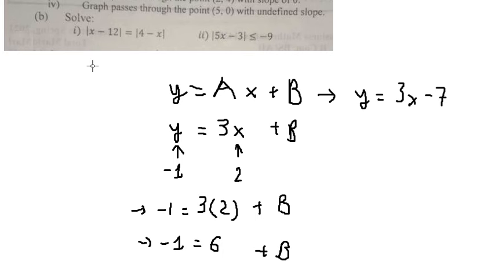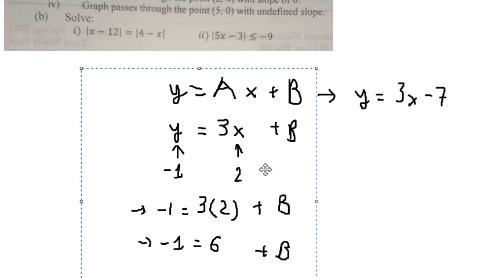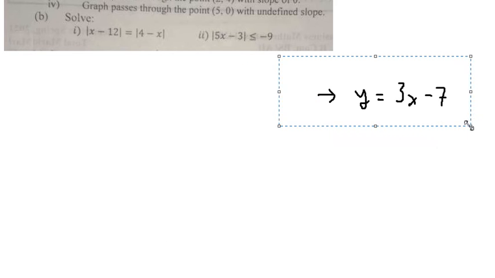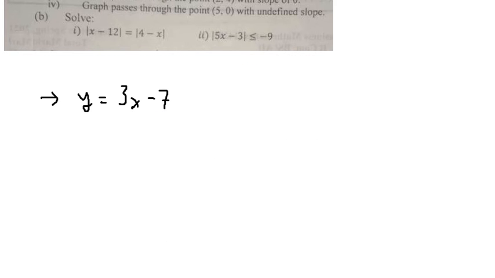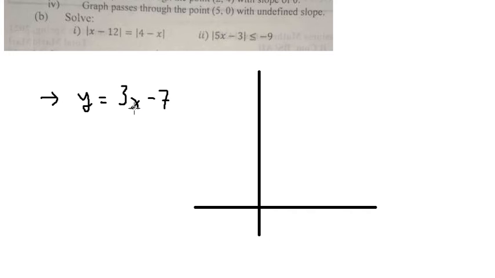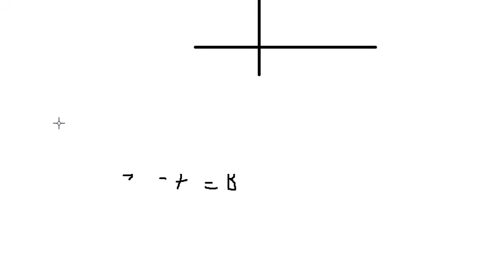So the graph of this one, we see that when x equals 0, the value of y is equal to negative 7. So we put negative 7 in here.